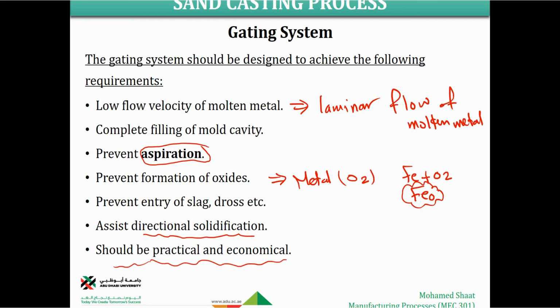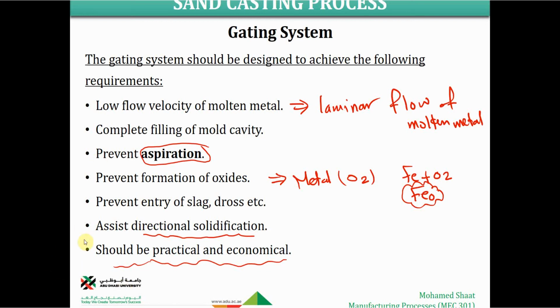When we discussed the sand mold design problem, we did some calculations and even used some formulas. These formulas and this procedure automatically take these requirements into account. So that's why these requirements are already considered when we design the sand mold.